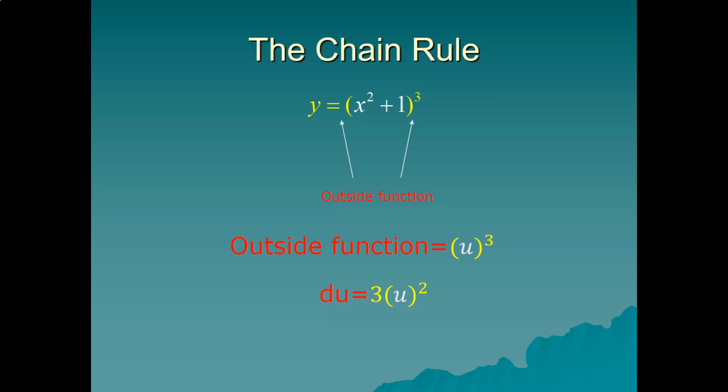So if you look here, here's the outer function. We could think of this outer function as u to the power 3, versus the inner function will just be that u part. If we take the derivative of that, we would obviously get 3u to the power 2. So we're not really changing our inner function yet.